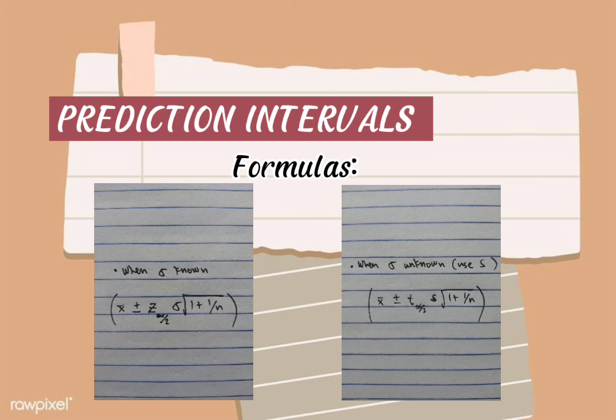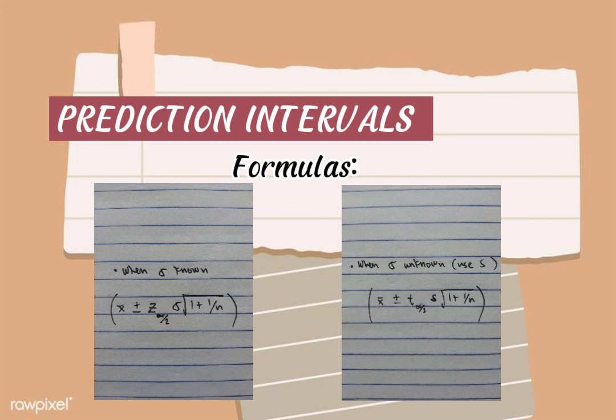So it will be sample mean plus or minus z alpha over 2 times sigma times square root of 1 plus 1 over sample size. And when sigma is unknown, we're going to use S, the sample standard deviation, and use the t-score. So it will be sample mean plus or minus t alpha over 2 times S, or sample standard deviation, times square root of 1 plus 1 over sample size.